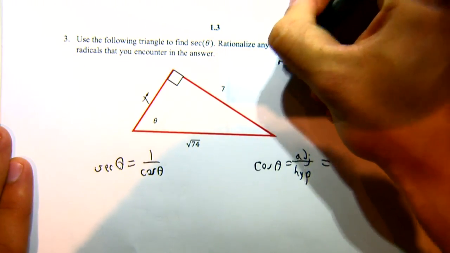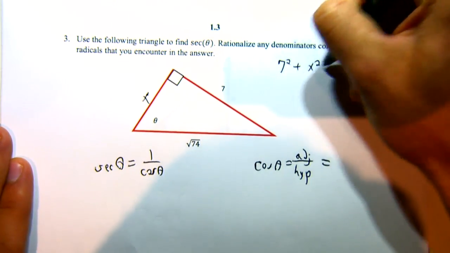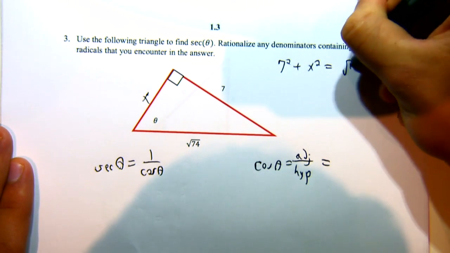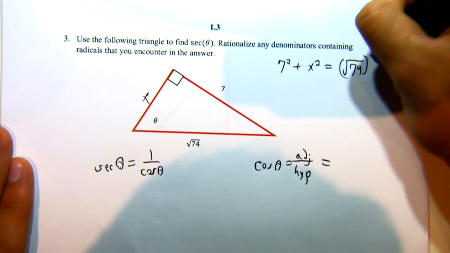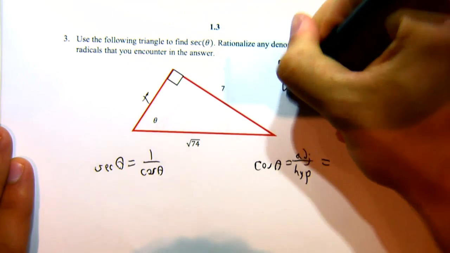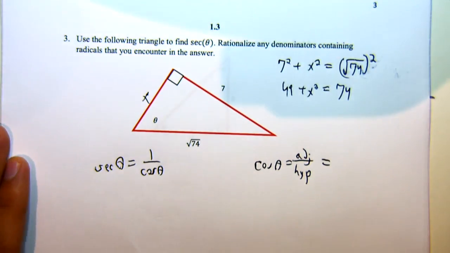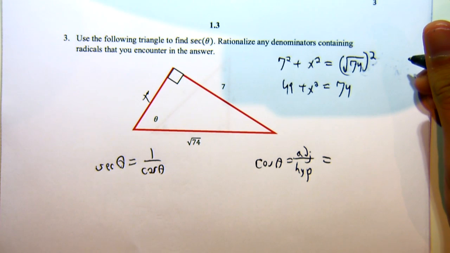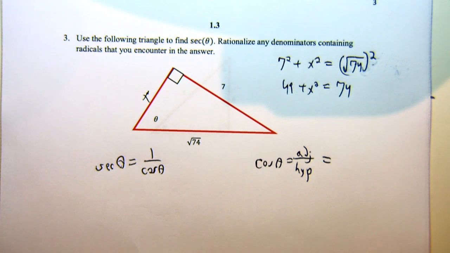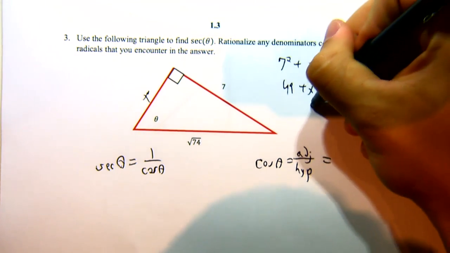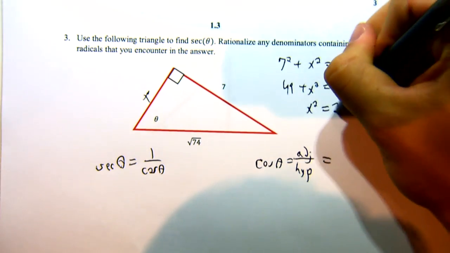So 7 squared plus x squared is equal to square root of 74 squared. So we have 49 plus x squared is equal to 74. Make sure I don't mess up my arithmetic. Subtract that, you get x squared equals 25.